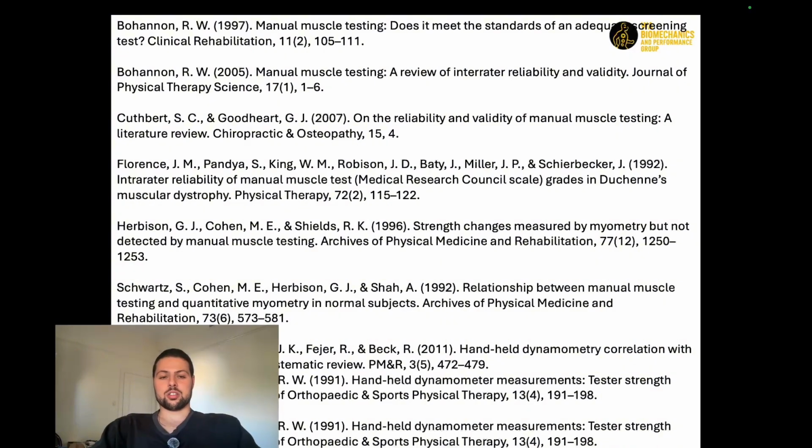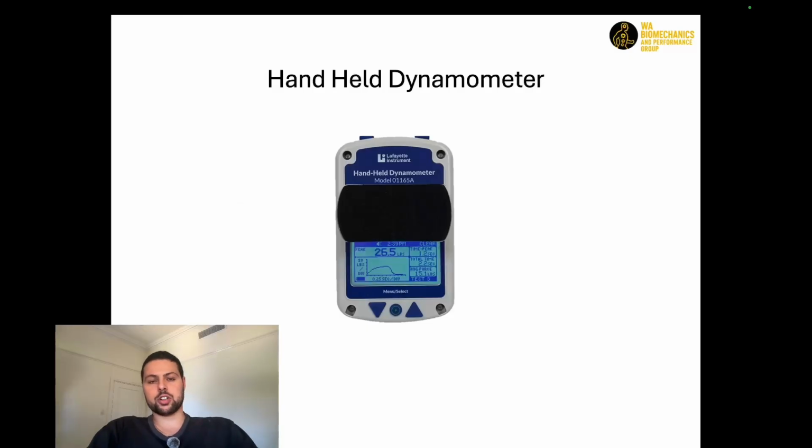And that's just some of our references there for that part of the slides. Then we've got the handheld dynamometer. So we're sort of going up in resolution now, but I tell you what, a lot of people trust their handheld dynamometer a little bit too much, in my opinion. So I'm just going to go through a little bit about the handheld dynamometer now.